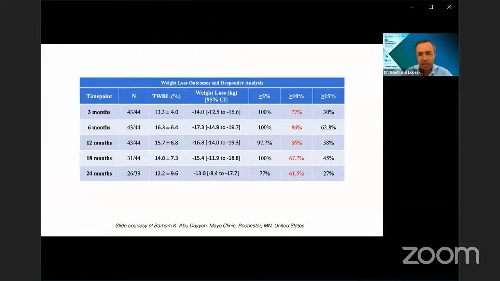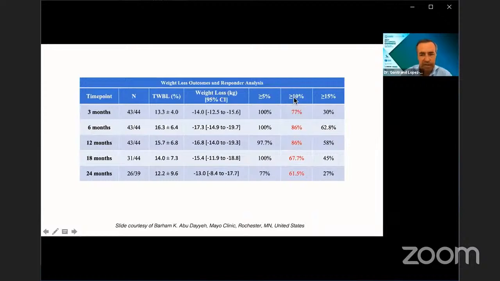The weight loss that we have achieved in this multi-center study: we can see that, for example, more than 5%, which is what is achieved by medication, at 2 years is still 77% of the patients.